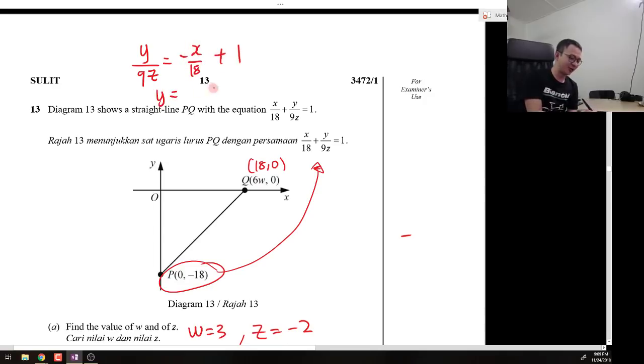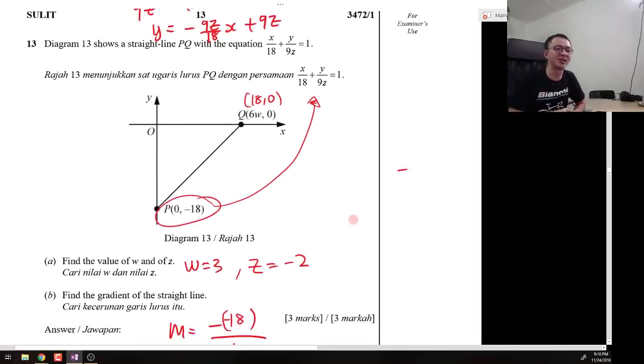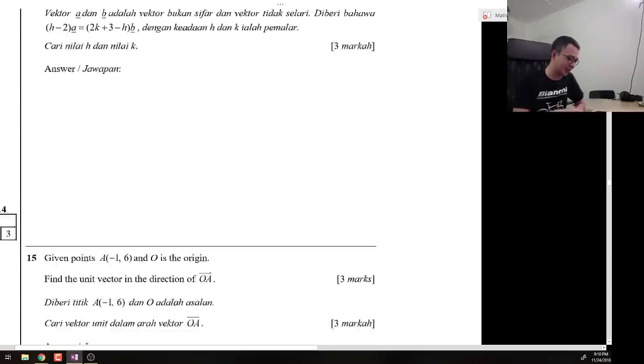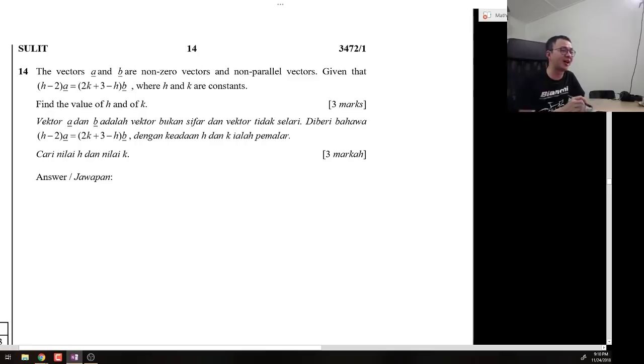Then y equals negative 9z over 18 x plus 9z. Yeah, if you want to make it into a normal equation. So this one is very easy if you understand the question.